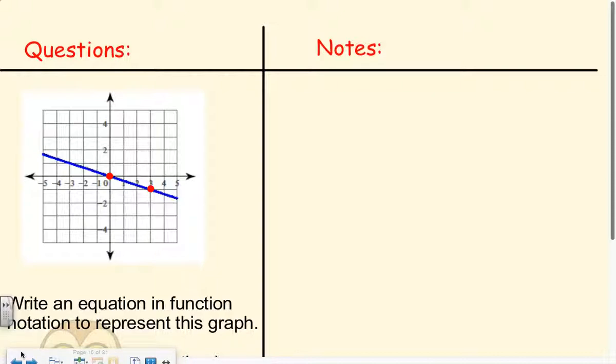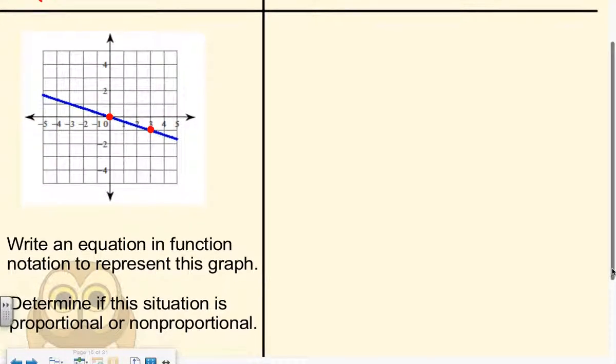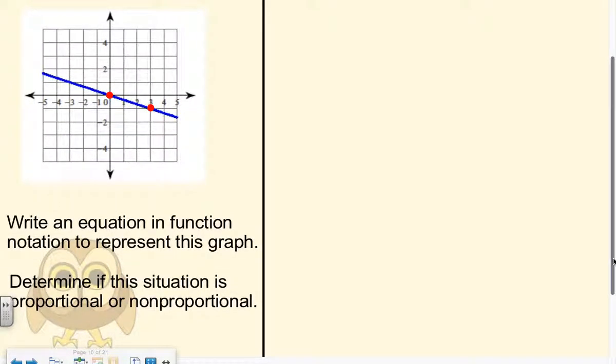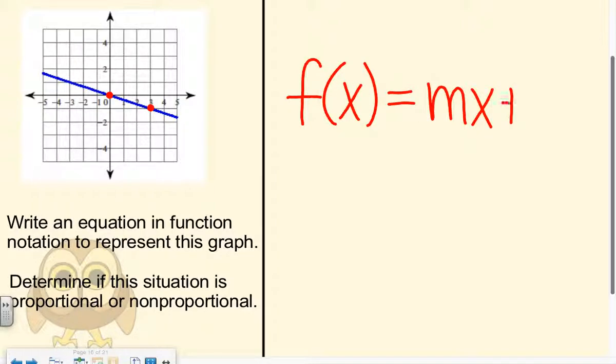All right, second one. Directions are the same, so I'll scroll it so you can see some of them there. There you go. Okay, so again, we need to write an equation in function notation, so mx plus b, where m is our slope, and b is our y-intercept.